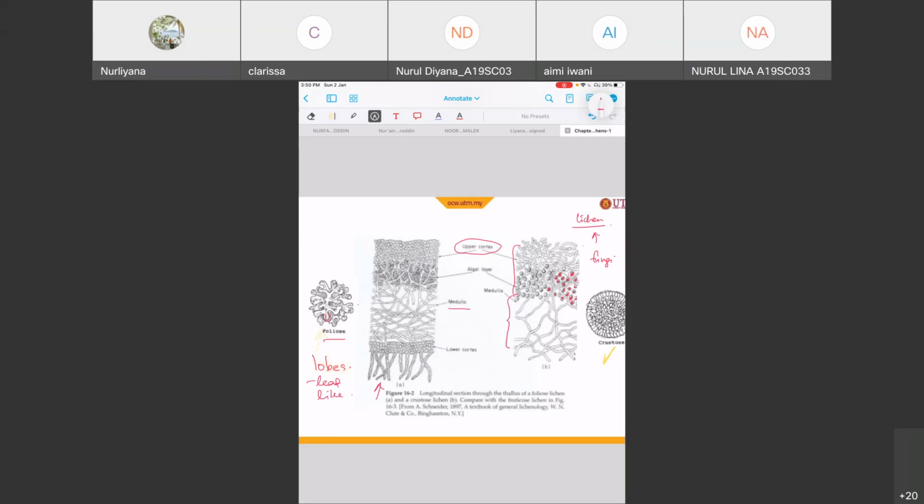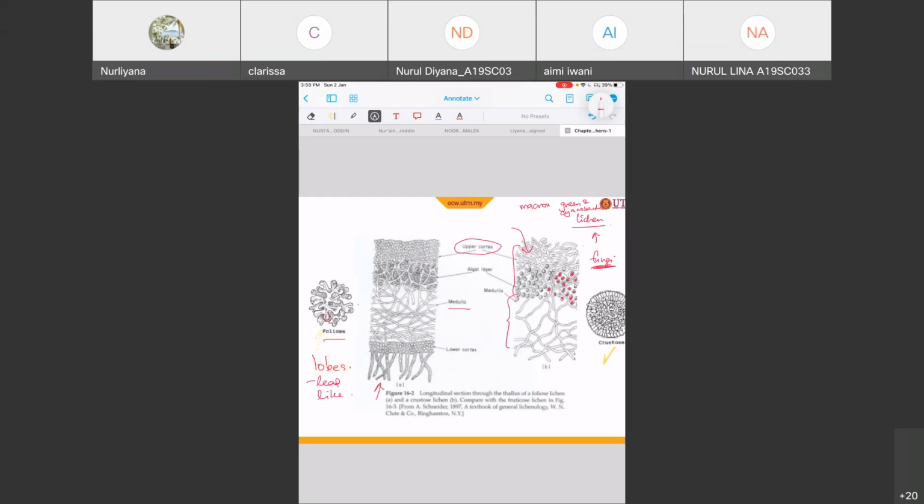If it is a macro type, for example your brown algae, it is so big, so how is it going to embed into the fungi structure? Because of that, only green algae and cyanobacteria are very suitable to be embedded into the fungi structure.